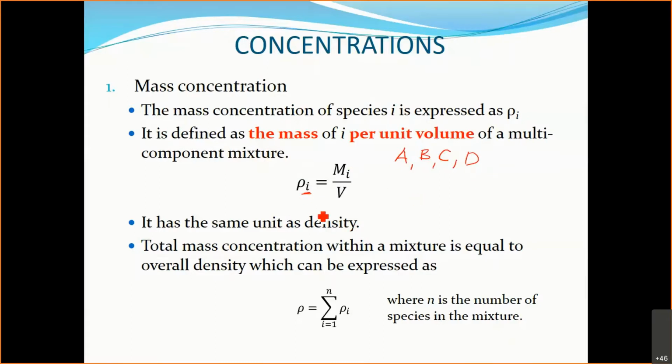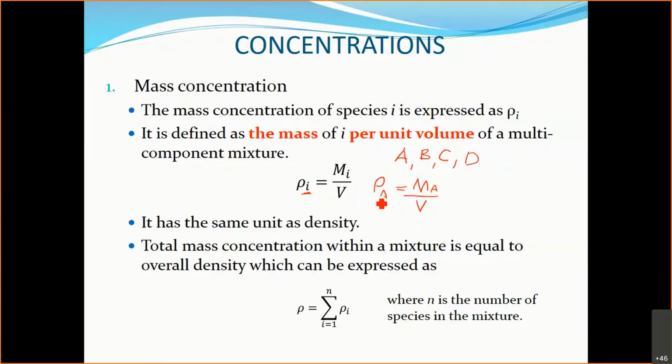So let's say if I want to find the mass concentration or density of A, I will write rho A is equal to MA, mass of component A, over V. Now, if you see the formula here, rho I is equal to MI over V, and I write rho A is equal to MA over V, meaning that V here is the total volume of the system. This is not the volume of component A or component I. So that's why you have to be careful.